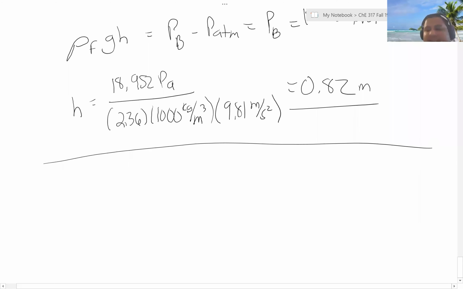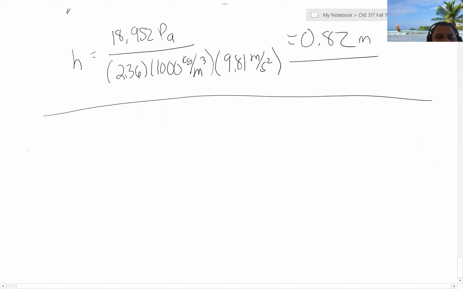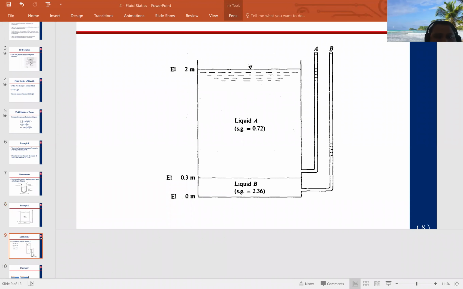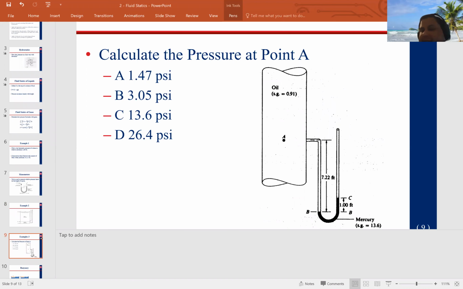Okay, let's look at one more example. Now I have an oil tanker that has a manometer coming off the side, and I want to know what's the pressure at point A in PSI if I've got a manometer filled with mercury, because I like to live life on the edge, and the mercury has a specific gravity of 13.6.